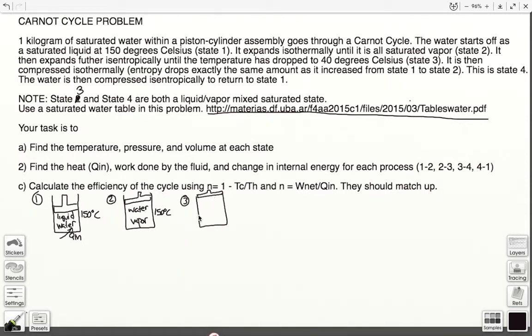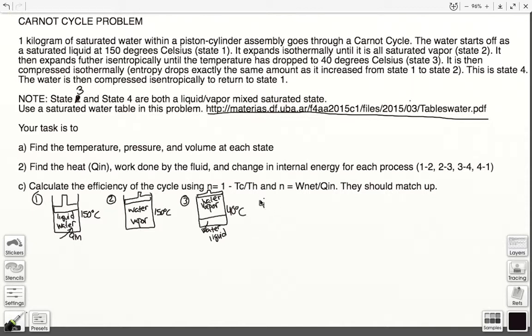And in here we have water vapor, but now we also have liquid water. And this whole mixture has now cooled to 40 degrees Celsius.